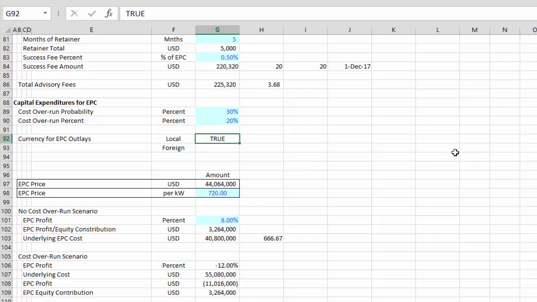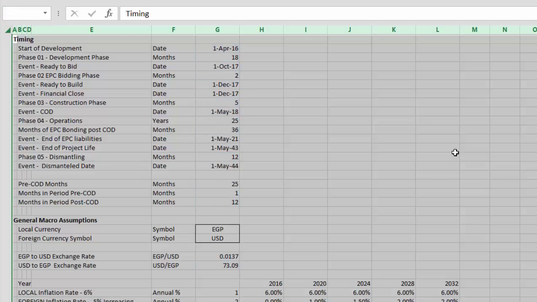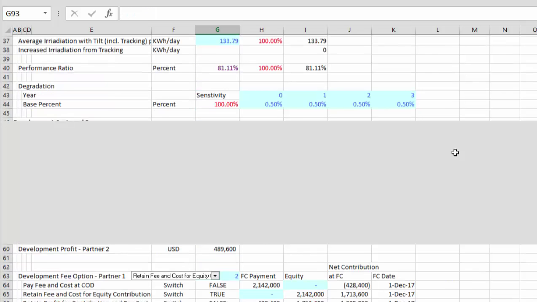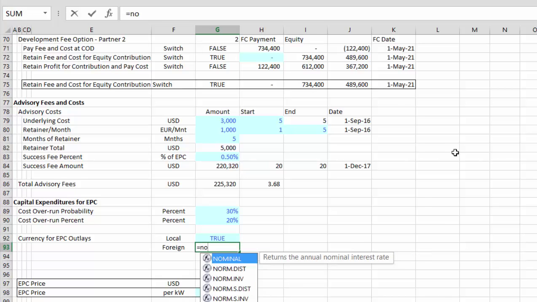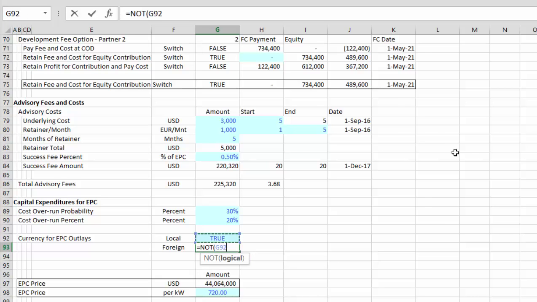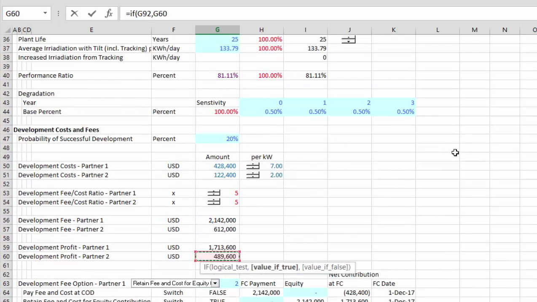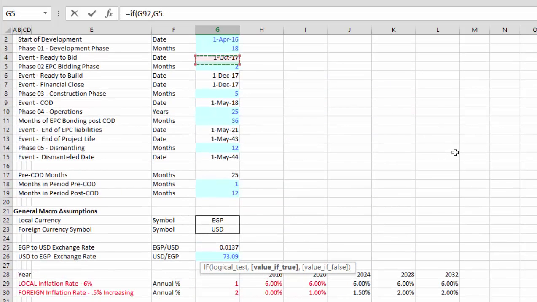Now, if you press Shift Control C, the new revised Shift Control C, if it's true or false, it does mark that as a thing to do. And what we do here is just put not true. So if it's true, and then we put currency here, and simply say, if it's true, then we'll take the local.